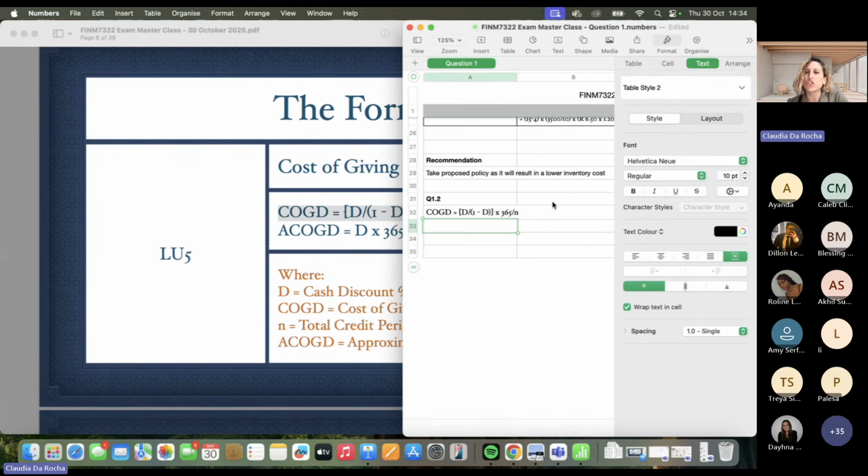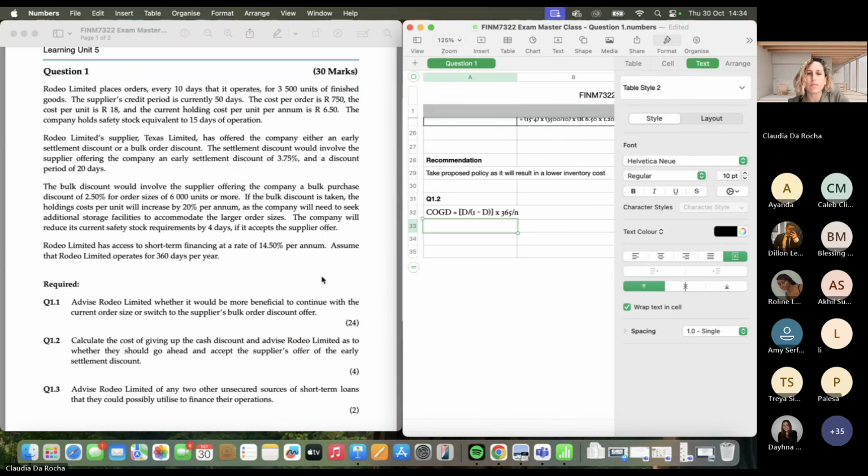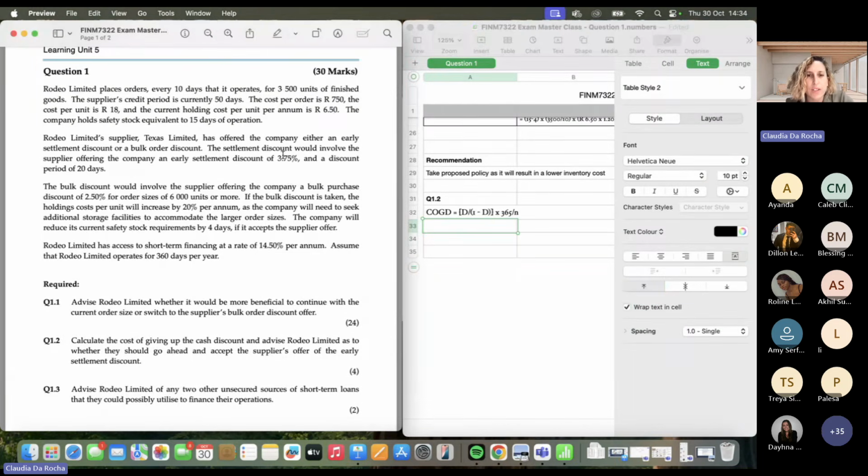If we calculate all the pieces, what is our discount percentage? It is 3.75. Remember that D is for the discount percentage.